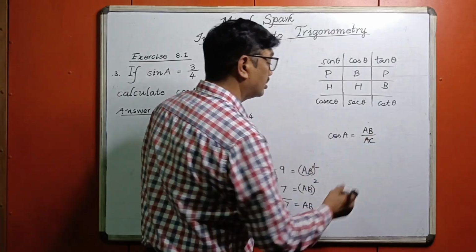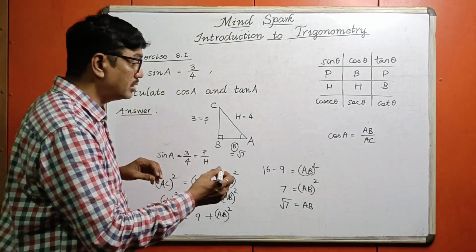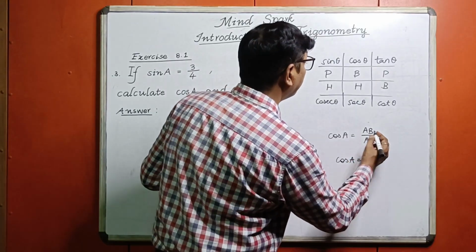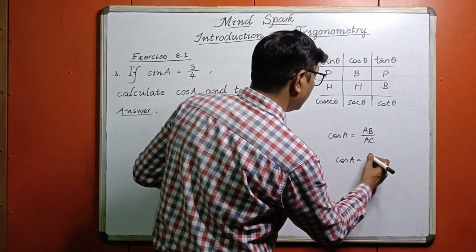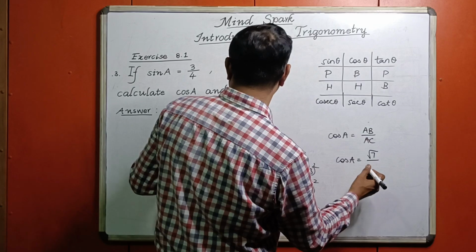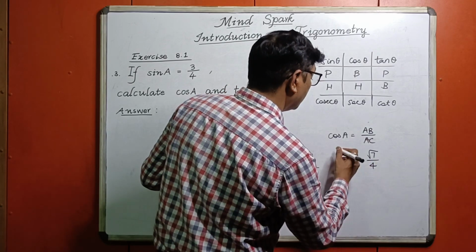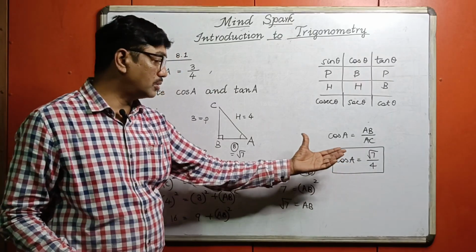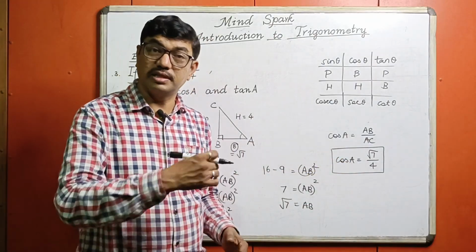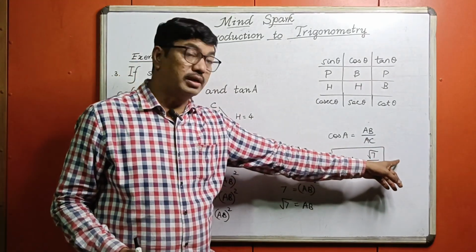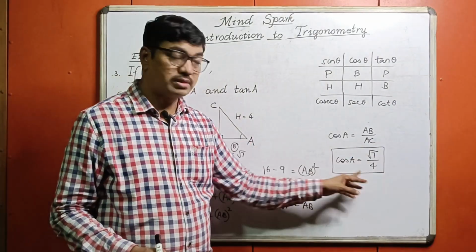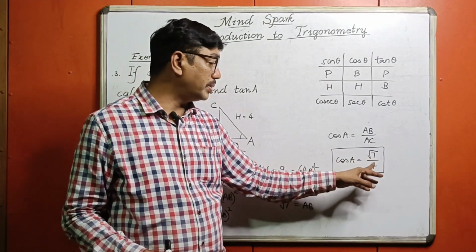This is your cos A, and you can replace it: in place of AB you can write root 7, and in place of hypotenuse you can write 4. We got the relation. You highlight like this. Once you highlight, the teacher can easily see, and they can track and give marks. You have to highlight this like that. Cos A is equal to root 7 by 4.